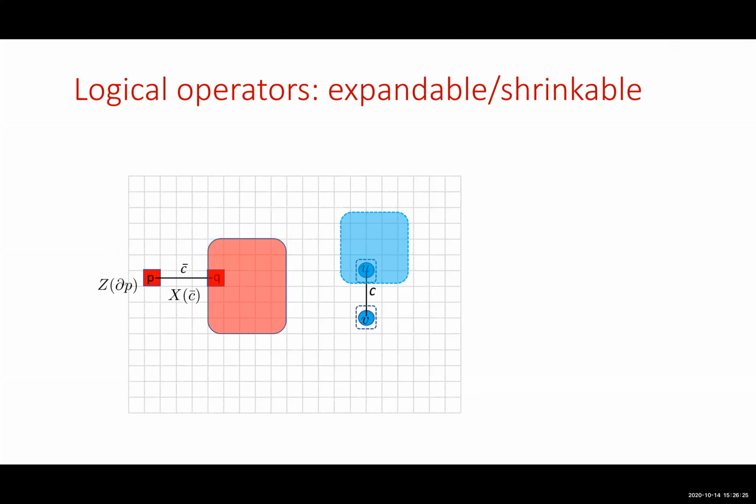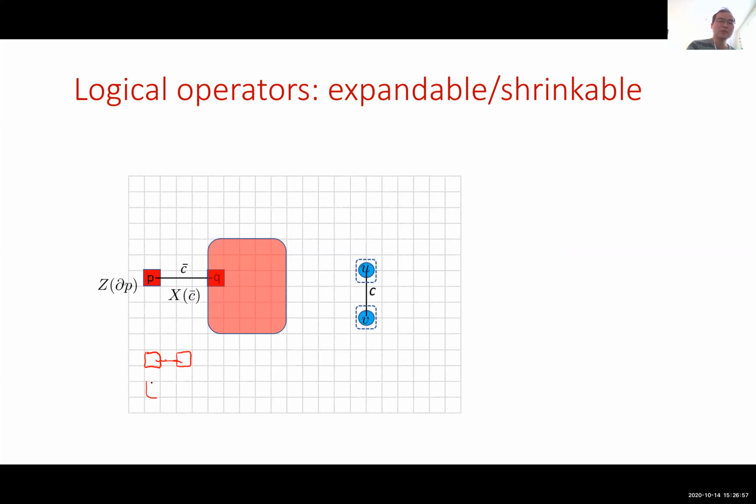Why would you want to shrink or expand them? You will see, because if you have only one logical point, then you can perform noisy rotation. For example, if my Pauli operator is this, then I cut across these two edges.